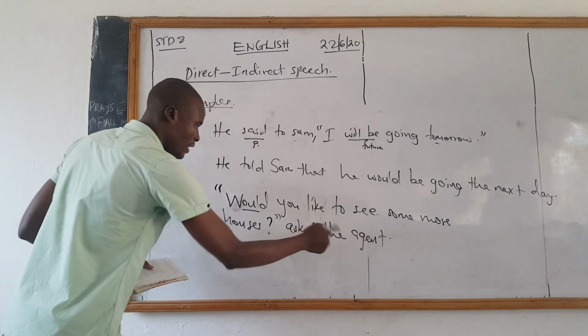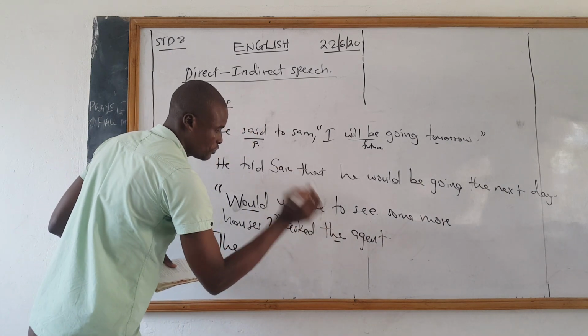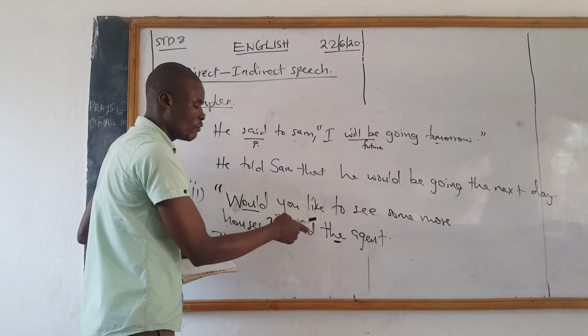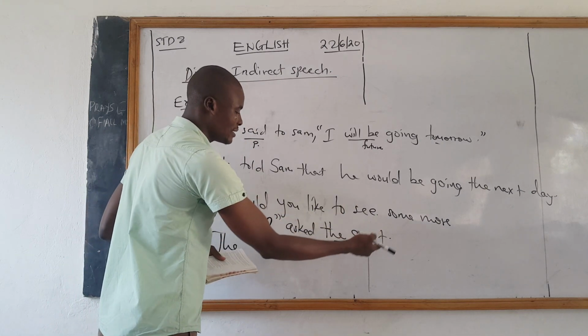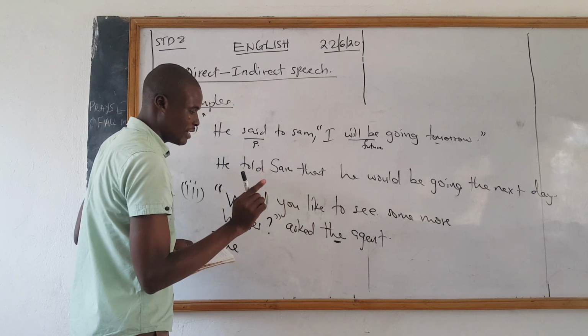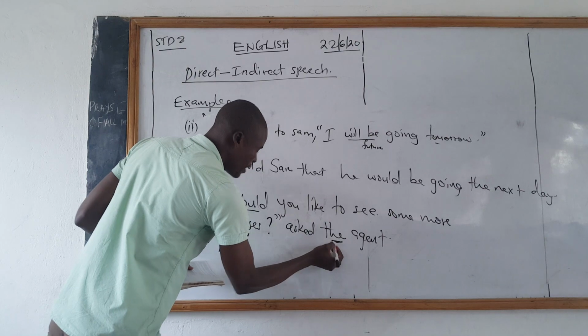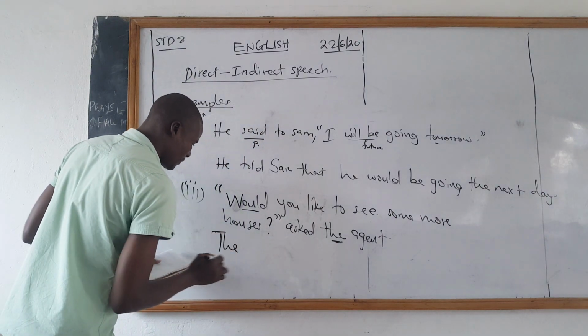Asked the agent. So, learner, another thing that I didn't mention: maintain the article. The article here is "the". We may use "asked an agent". Maintain that. Here we are talking of them. So we talk of them here.